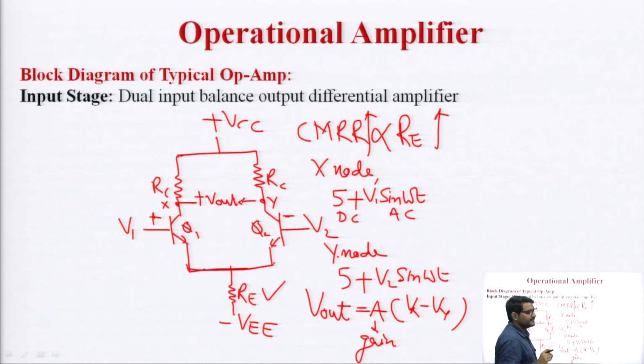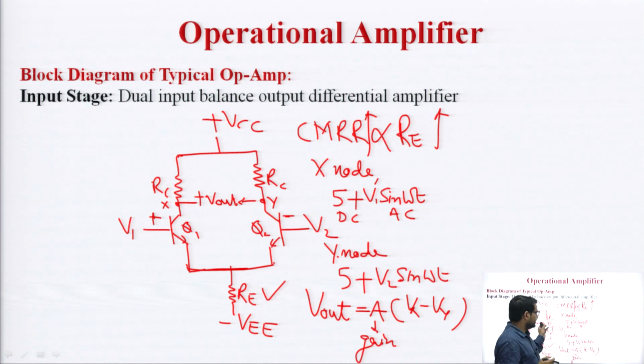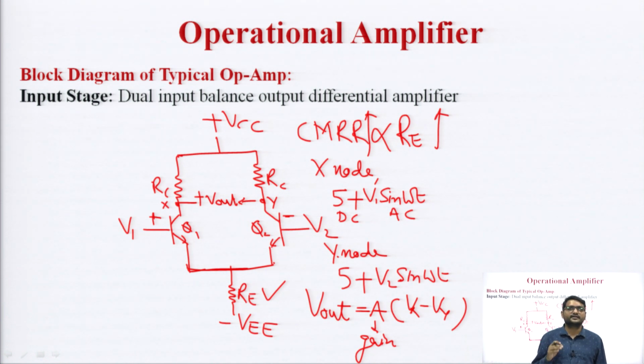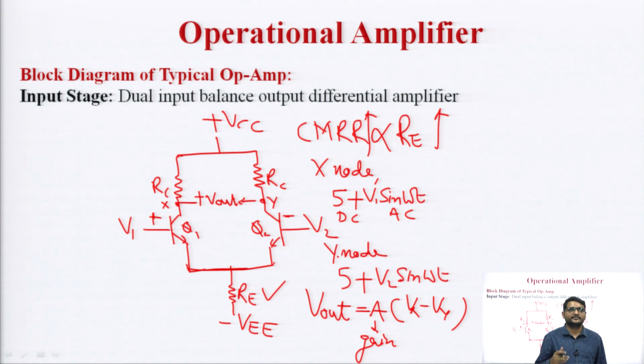If you consider the IC 741, then we replace the collector resistance RC with an active load, that is, a current mirror, and we also replace the high value RE with a current mirror circuit, that is, a biasing circuit.